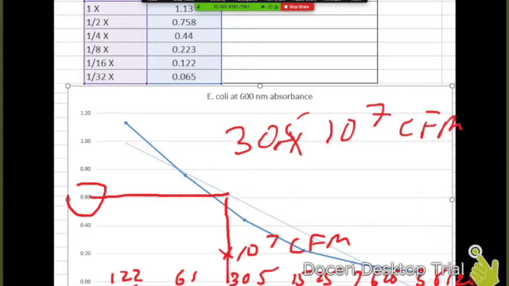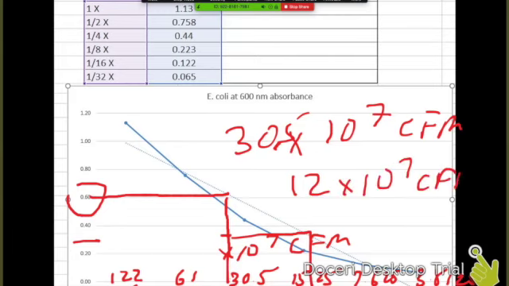If we had an absorbance of 0.30, it would be right in here. We would just come across, hit the line, and then be about 15.25. And then we have to extrapolate. That might be maybe a 12. So that would be a best guess, a 12 times 10 to the 7th CFUs per milliliter. And that's how we do it.